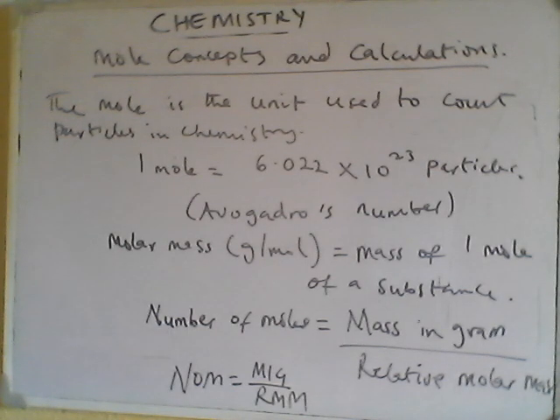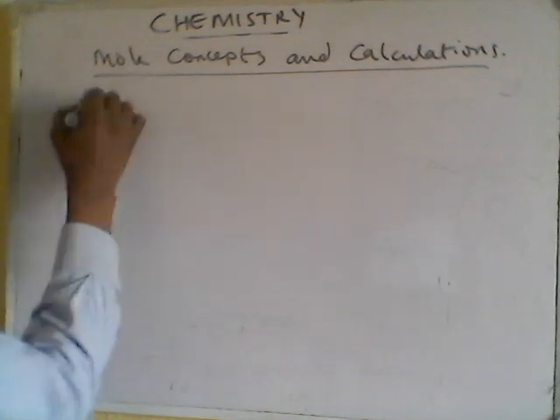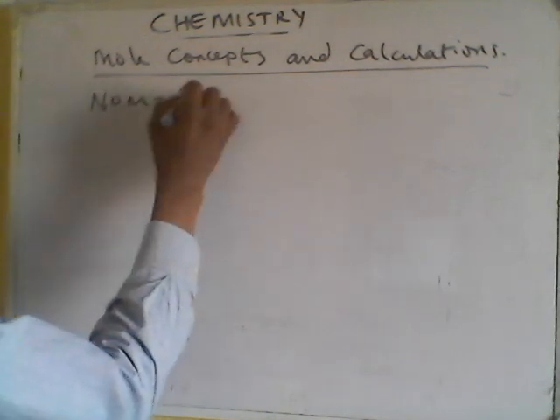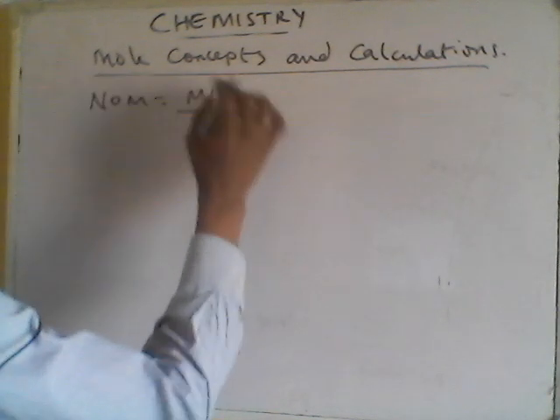Another concept that you need to know is the concentration. Okay, let me take this off so that you can have more concepts on the board. Okay, so I'll define the number of moles. Num is equal to mass in gram over relative molar mass. That has been defined.